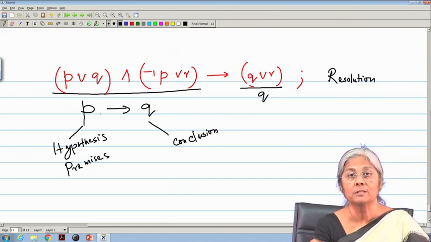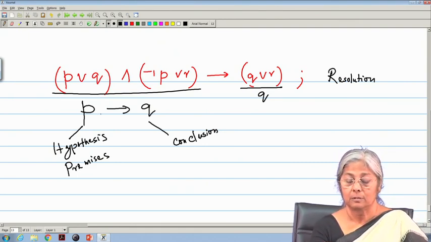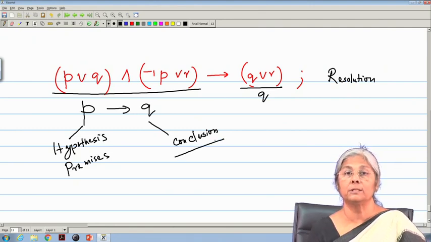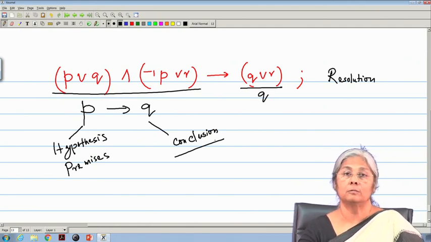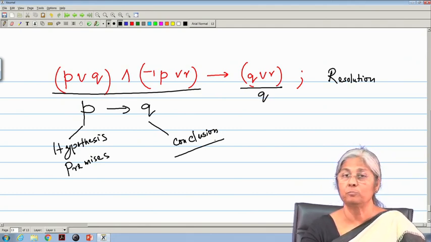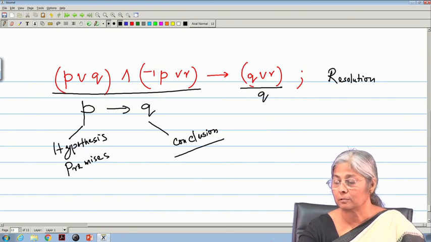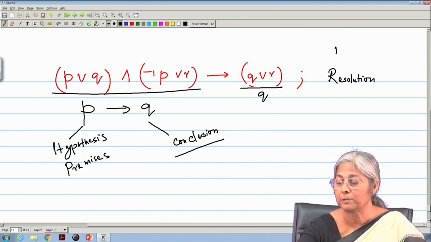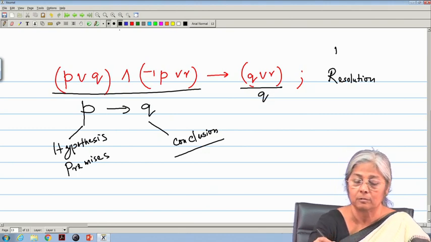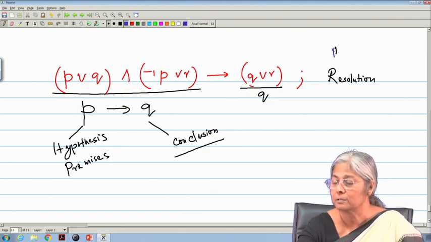So, some hypotheses are given, and from these hypotheses we see whether we get the conclusion, and by using what rule of inferences, that we have to mention as the reasons for simplification.